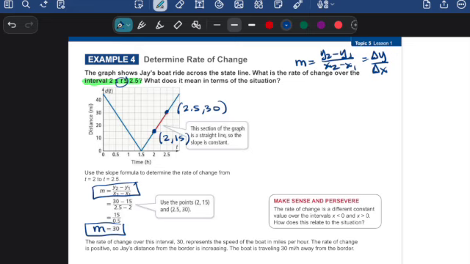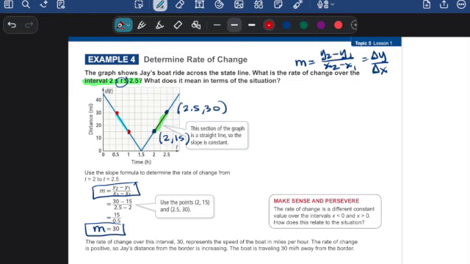Now it's positive. Does this make sense? Is this an upward facing slope or an upward climbing slope? Yes, it is a positive slope. What if I was asking about an interval over here, like from these 2 points? From 0.5 to 1 hour.